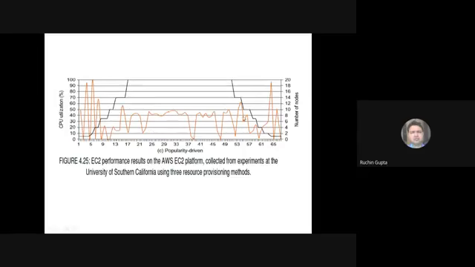As the CPU utilization drops after a certain period of time, the number of nodes allocated for these different consumers decreases in the same order. So this is the example of the EC2 performance, which has been collected from the University of Southern California using 3 resource provisioning methods.